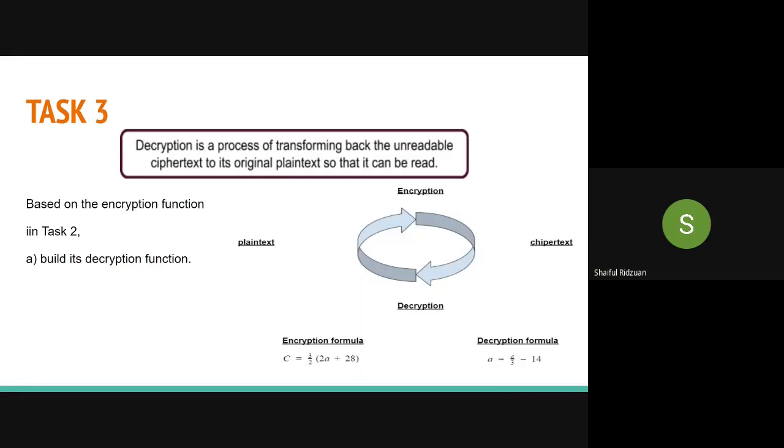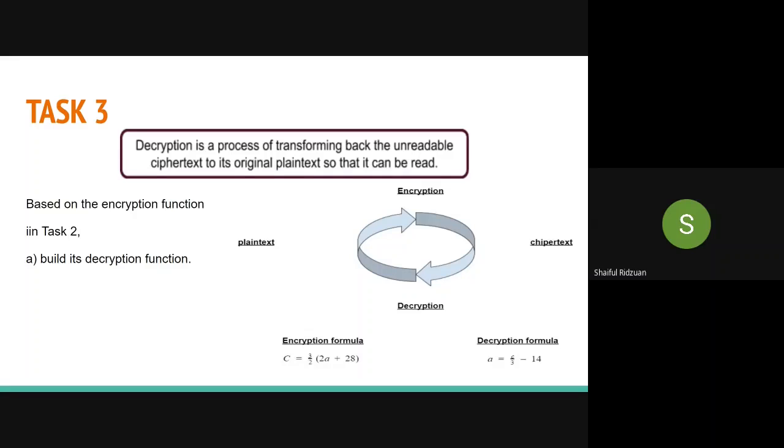Okay, next for task 3, we must first build the decryption function. How do we build it? We can look at this example: plain text goes to encryption, goes to ciphertext, goes to decryption.